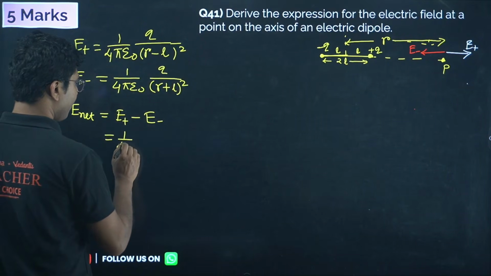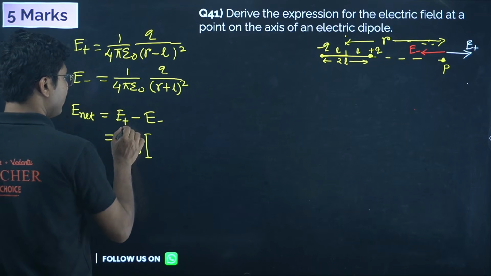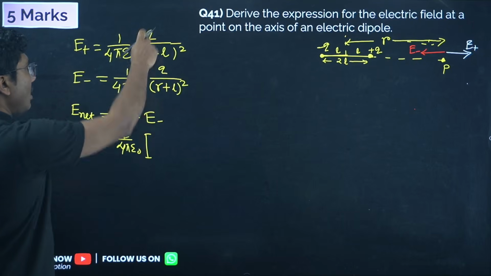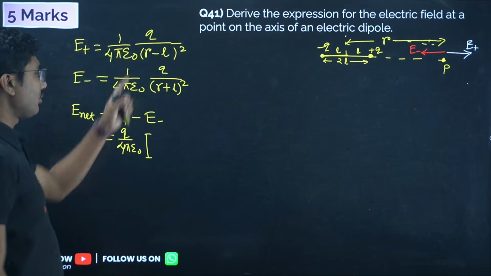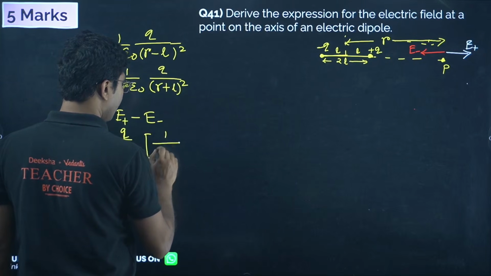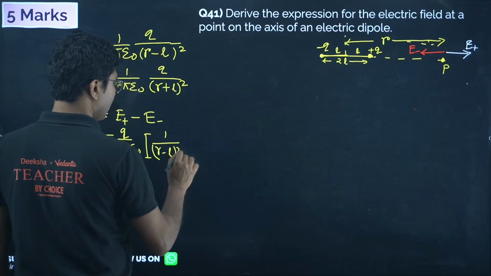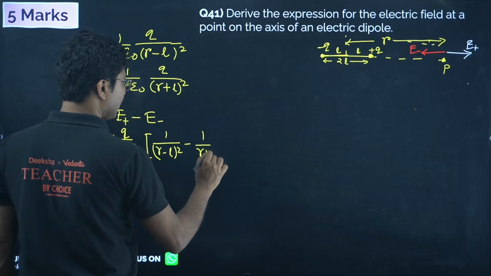So 1 by 4 pi epsilon naught is common, and q is also common. Both have the same q and 1 by 4 pi epsilon naught, only this thing is different. So if you put that, you will get 1 by (r minus l) whole square minus 1 by (r plus l) whole square.